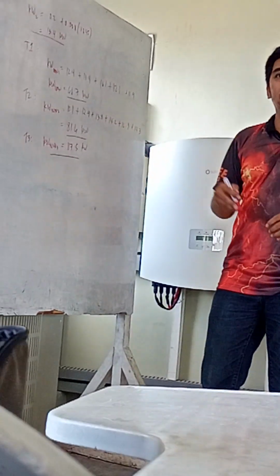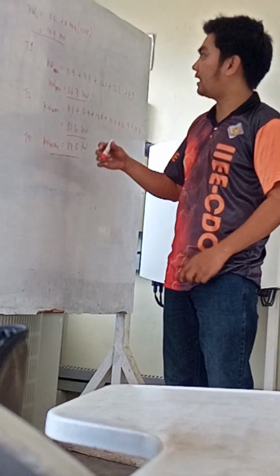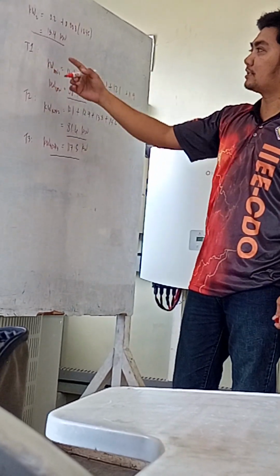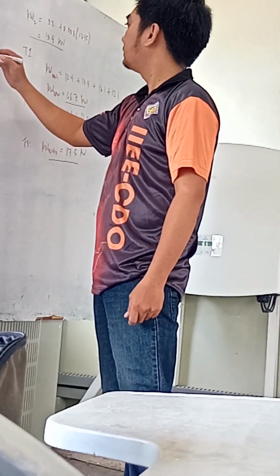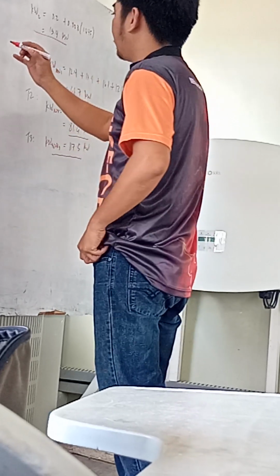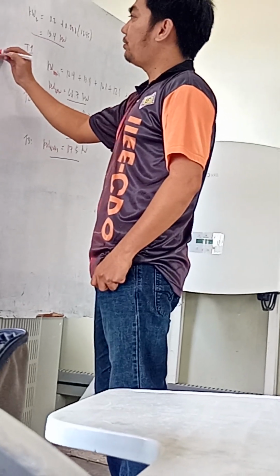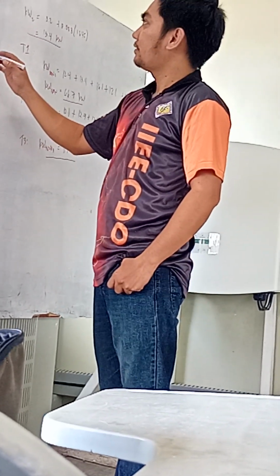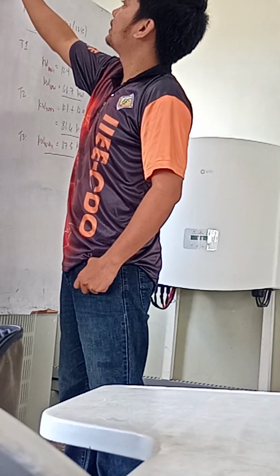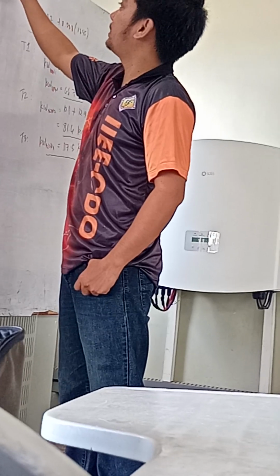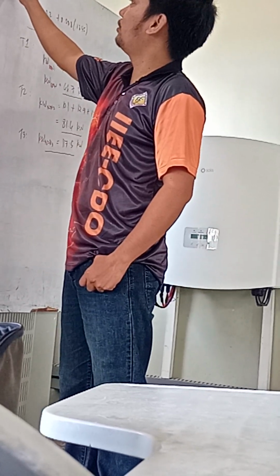After determining the non-coincident demand, how do we get the individual transformer's maximum diversified demand, per transformer? We all know that the diversity factor is equivalent to your kilowatt non-coincident divided by kilowatt maximum, right?